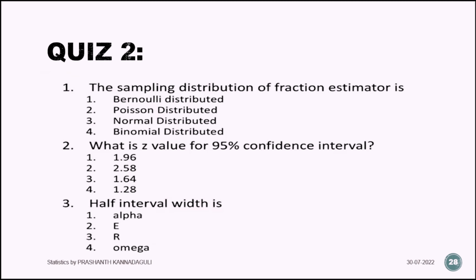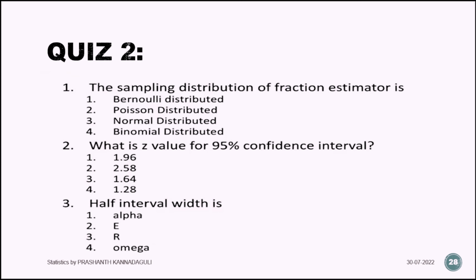So what is the distribution? It's not Bernoulli, it's not Poisson, it's not binomial, it has to be normal, because p cap was converted into the z, and we did the other part of the calculation. So for the first question, 1.3 is the expected answer.